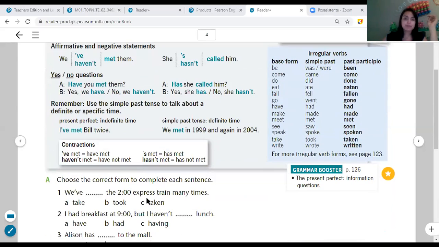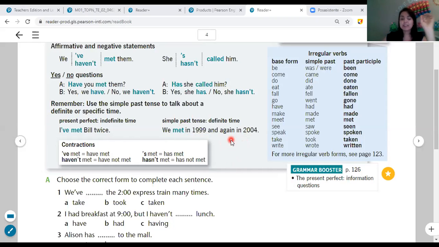For example, look right here. It says, I've met Bill twice. Here we use the present perfect because we know that she met Bill 2 times, but we don't know exactly when. Now in the simple past, we met in 1999 and again in 2004.